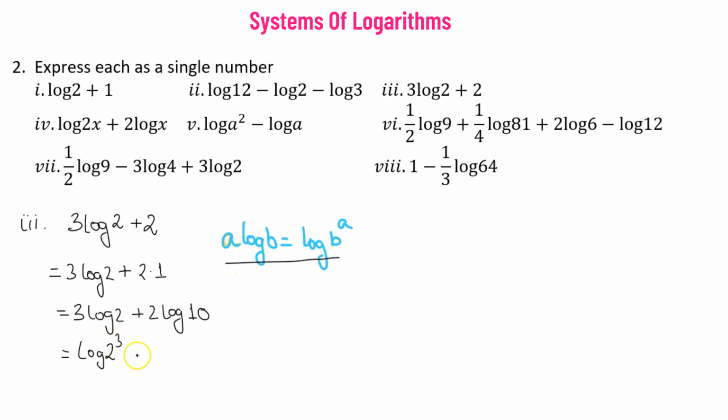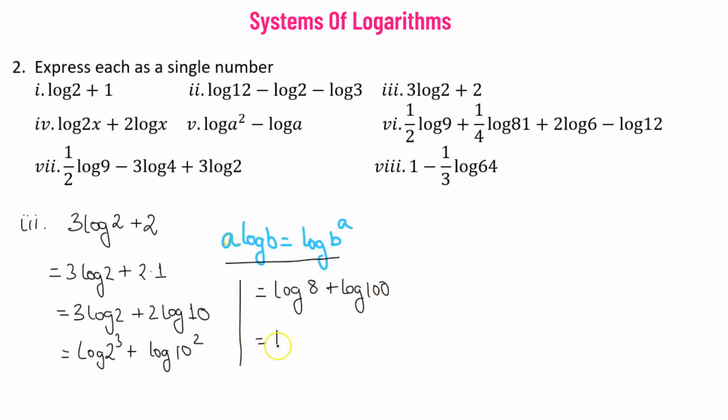We've used this property, plus log of 10 raised to the power of 2. Now we have log of 2 cubed. So 2 cubed is 2 times 2 times 2, so that will be 8, plus log of 10 squared. So that's 100.